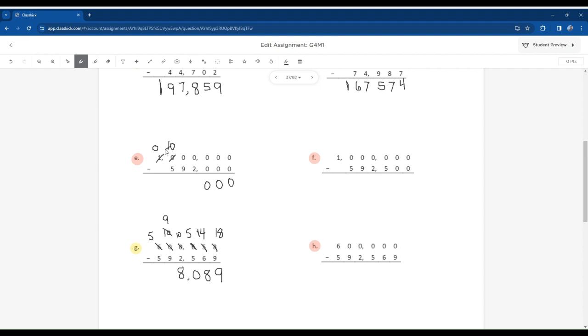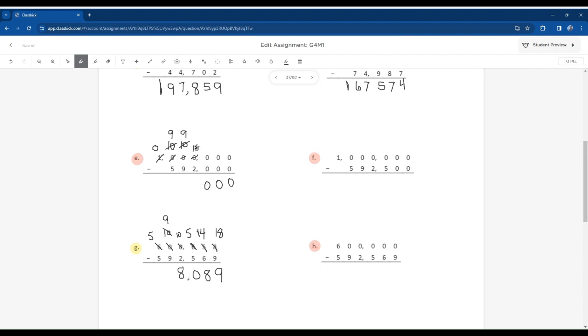I'm going to regroup one of these 100,000s for 10,000s. Still don't have any thousands to play with, but at least now I can take away from here.